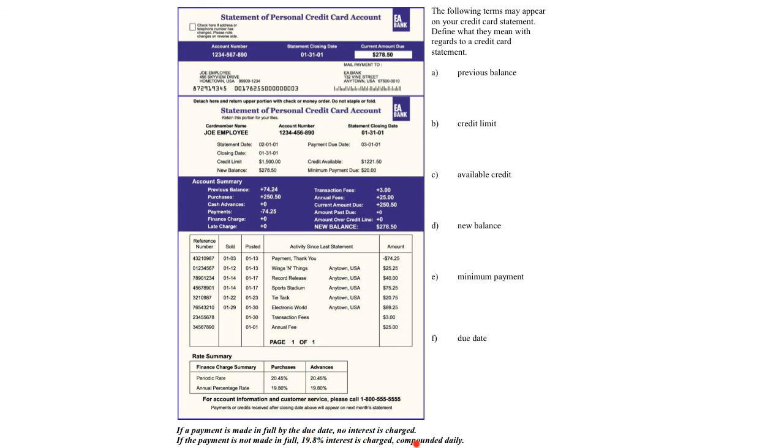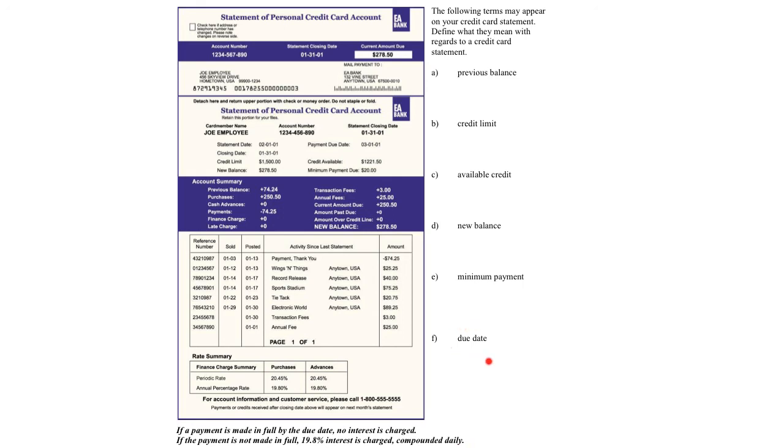But they're going to compound it daily. So every single day you don't pay it back in full, they're going to charge you interest, and they're going to calculate it every day. So interest builds up really fast with a credit card, because it's a high interest rate and they compound it every day. So you got to watch out.